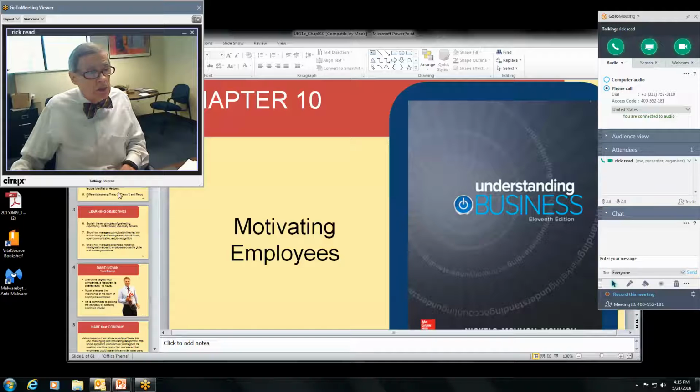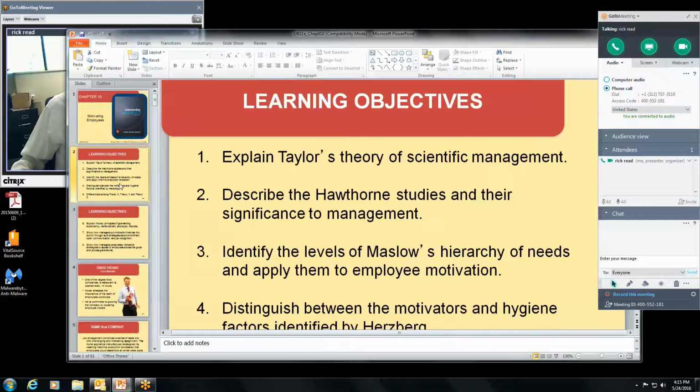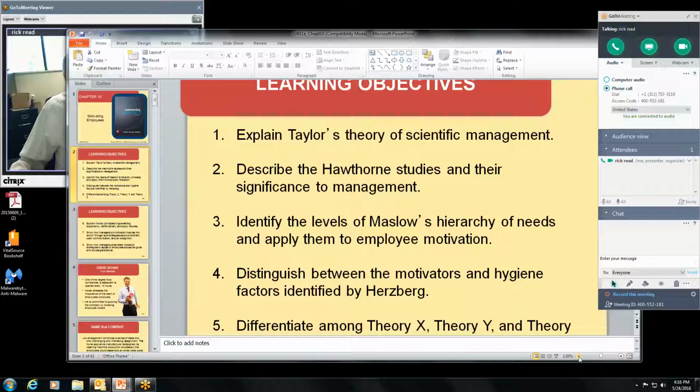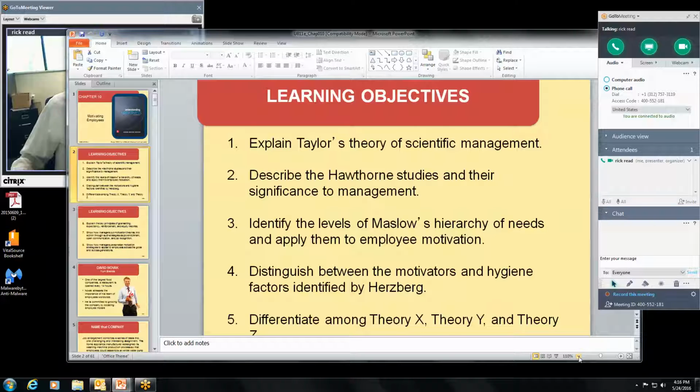So let's look at the learning objectives for Chapter 10. Explain Taylor's theory of scientific management. We're going to look at the Hawthorne studies and their significance, the levels of Maslow's hierarchy of needs, and try to apply them to employee motivation. Distinguish between the motivators and hygiene factors identified by Herzberg.